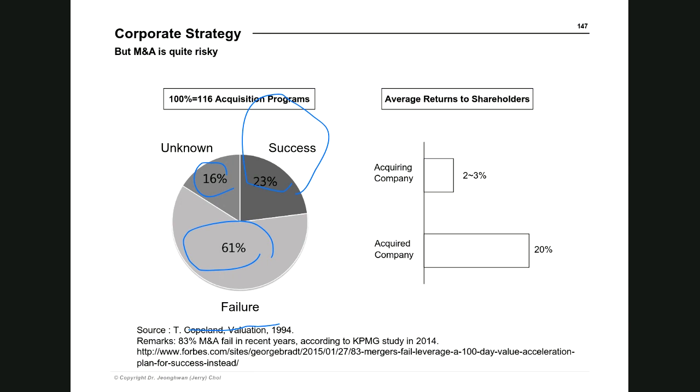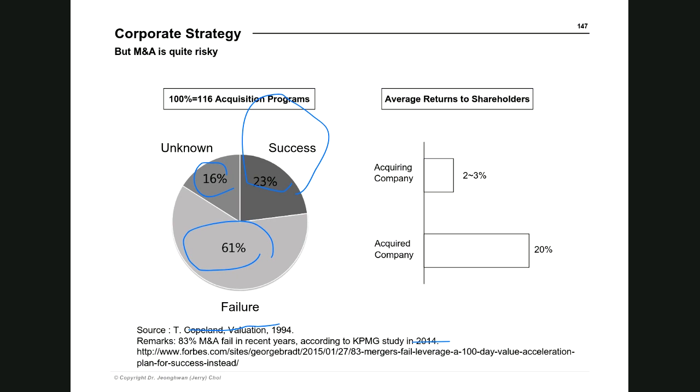That was 1994. However, recently in 2014, the failure ratio is increasing according to the Wall Street Journal and Forbes. Especially for advanced technology companies, the failure ratio of M&A is higher than 83%.